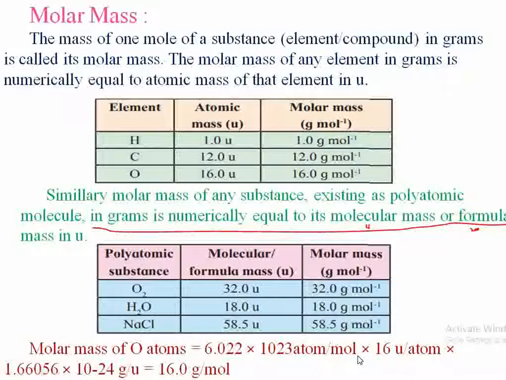This is the Avogadro number, and 16 is the atomic mass of oxygen. 1.66056 × 10^-24 grams per unit is the weight of one unified unit, and after calculating we get 16.0 grams per mole. It is 10^23 and 10^-24. This is the concept of molecular mass.